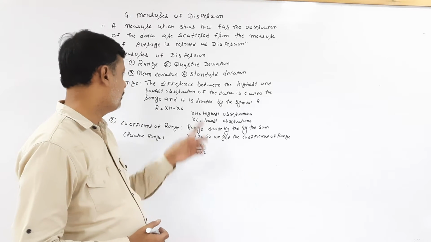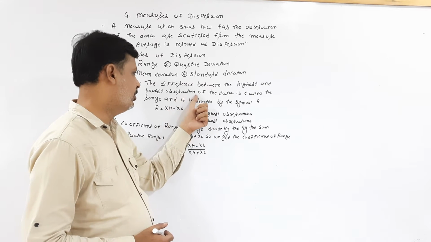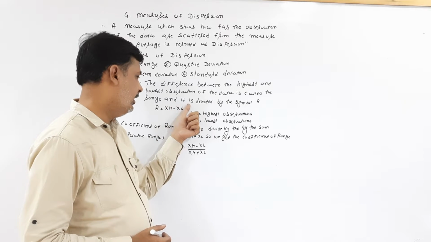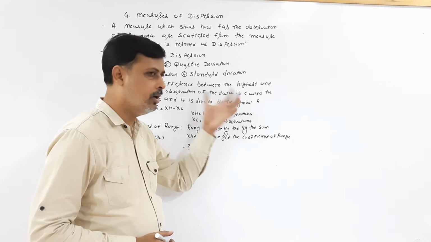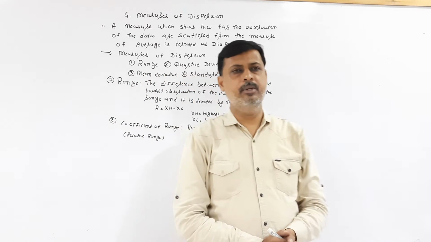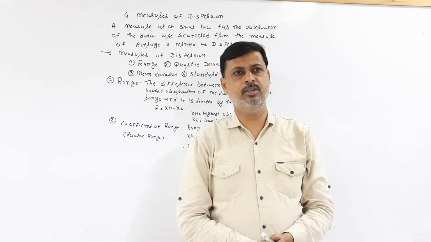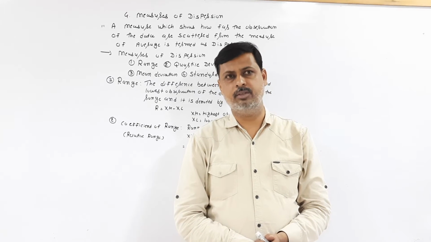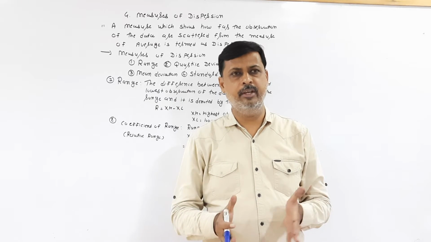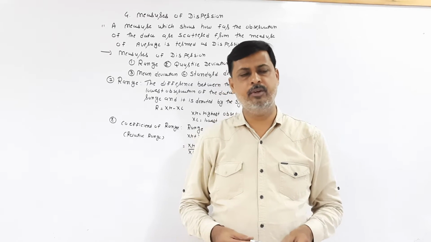Range: the difference between the highest and lowest observation of the data is called the range. It is denoted by the symbol R. Whenever the information is given, we have to find which is the highest observation and which is the lowest observation.